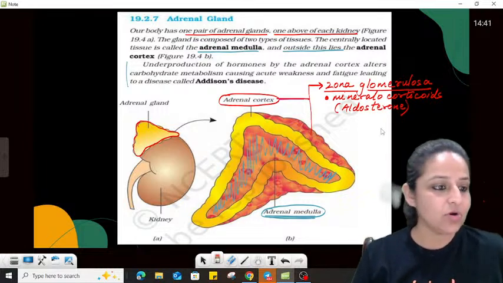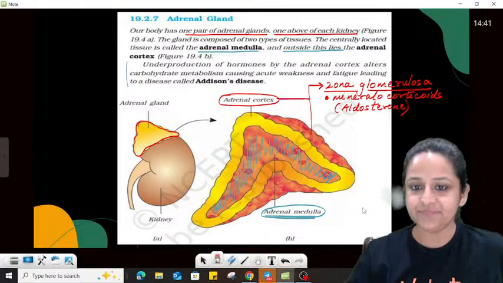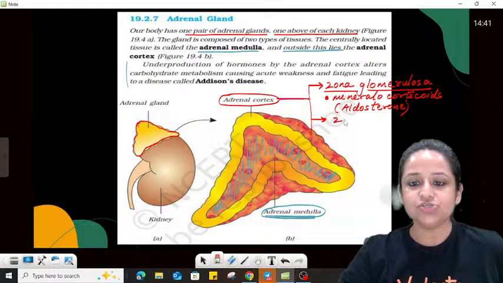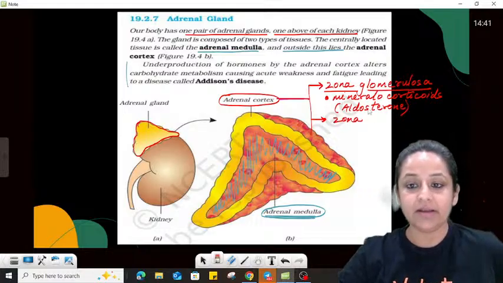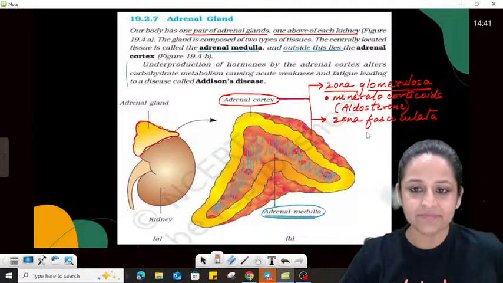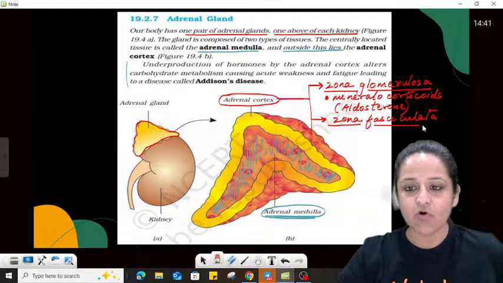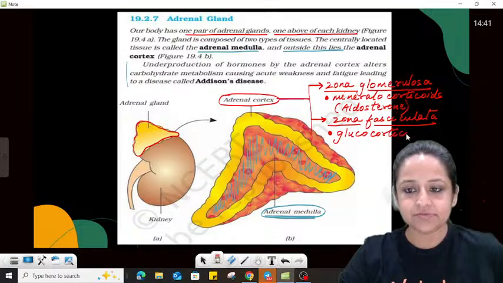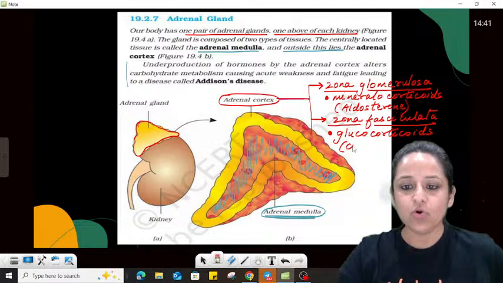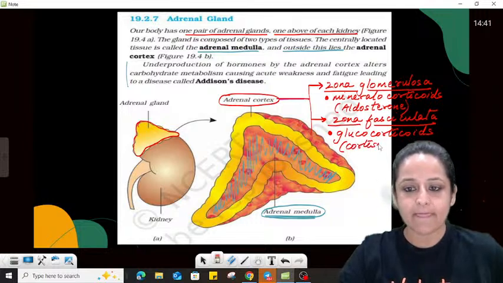We'll talk about what aldosterone is doing in detail. The second layer is called zona fasciculata. It releases a type of hormones called glucocorticoids, and the main glucocorticoid is cortisol.